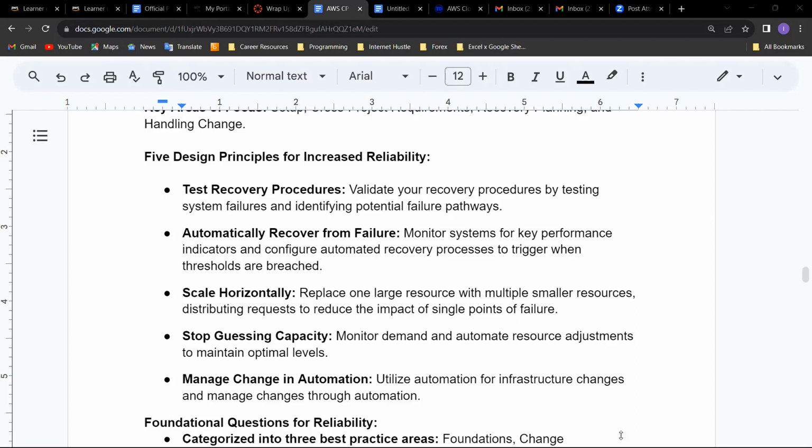Read this. Okay, yeah. So reliability actually doesn't talk about security, right? It's just about your system being available and being able to work regardless of what happens. So it's more or less fault tolerance. Even if a component fails, the system is still working.